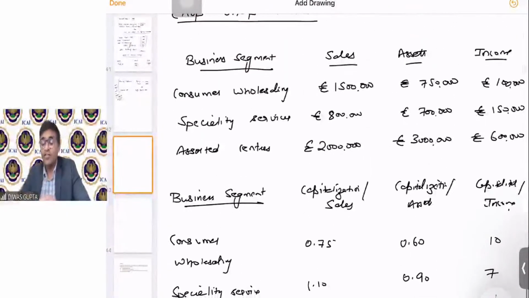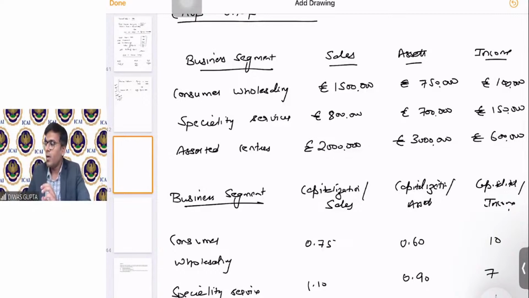Now, why are we dealing with this? Because the chop shop method says that you have to arrive at the individual values for these business segments at sales level, at assets level, and even at the income level, right?